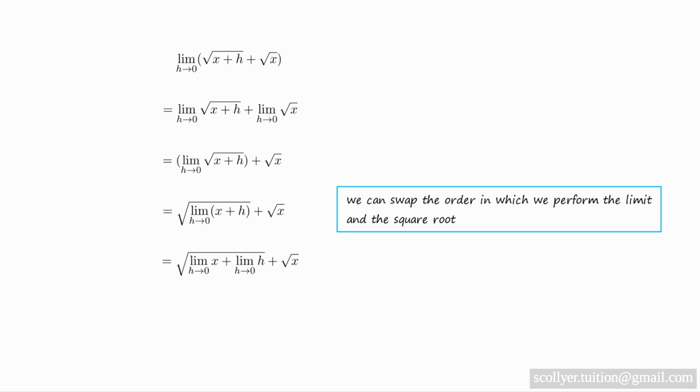From that we get the square root of the limit as h tends to 0 of x plus the limit as h tends to 0 of h, by splitting the limit of the sum into the sum of limits once again. Since x does not depend on h, and the limit as h tends to 0 of h is 0, we obtain √x + √x, which is 2√x, and we're done.